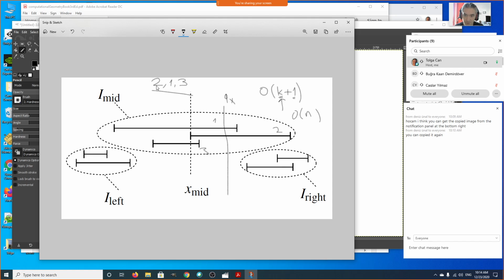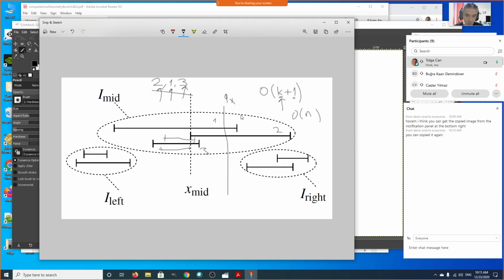For example, the right endpoint of 2 is to the right of QX, so 2 should be reported, 1 should be reported, and when we come to 3, we see that 3's right endpoint is less than QX, so we stop here. Whenever we stop, if there were other line segments in IMID that were like this, I don't need to check all of them.